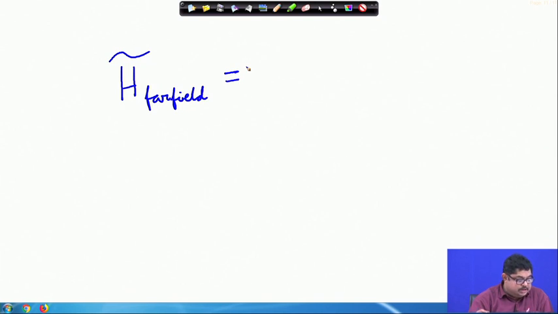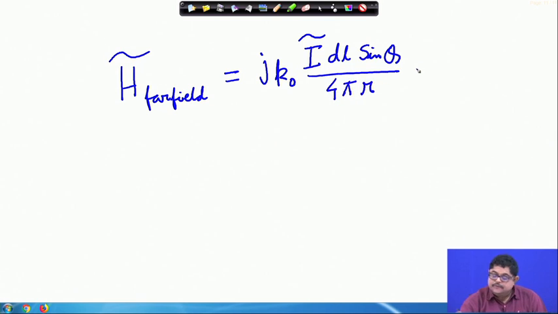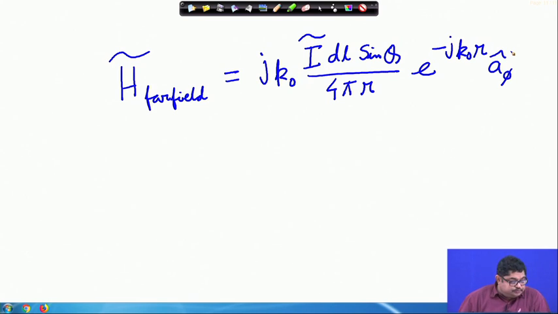H far field I can write as j k naught I dl ideal sin theta ... this shows it is a wave, it is going out in the azimuthal direction, and already we have seen the induction field.